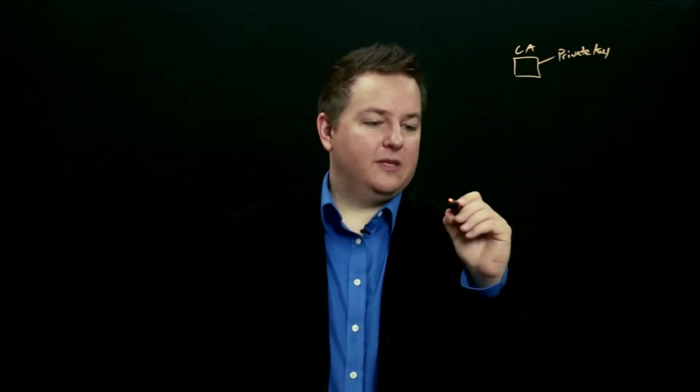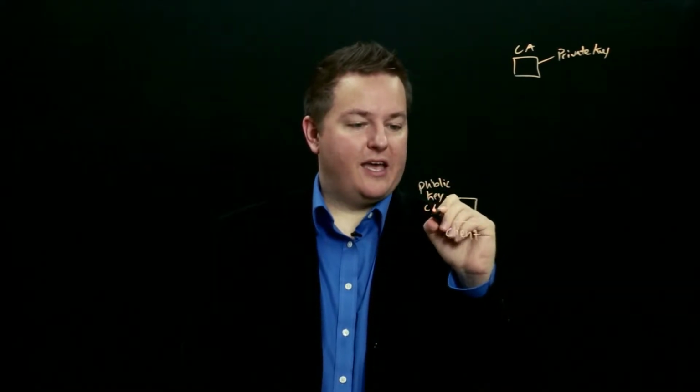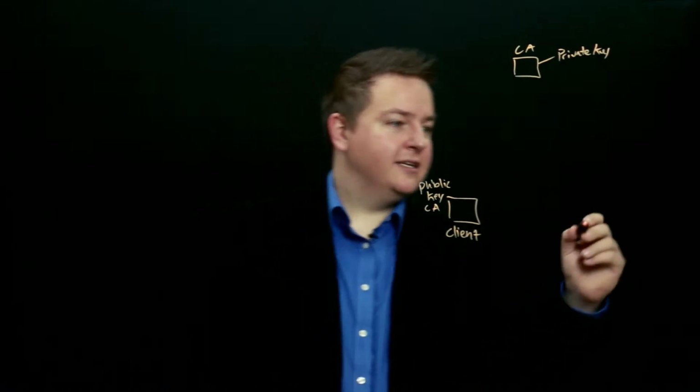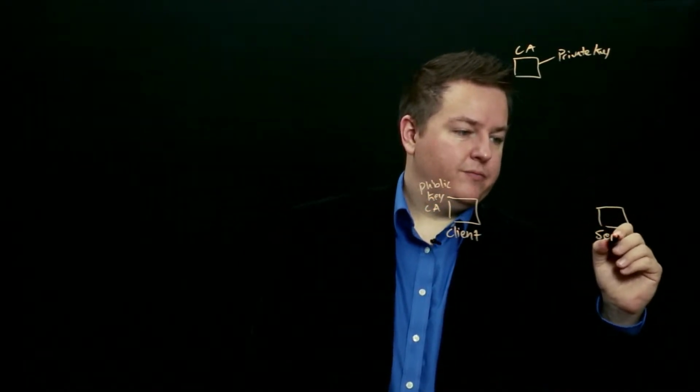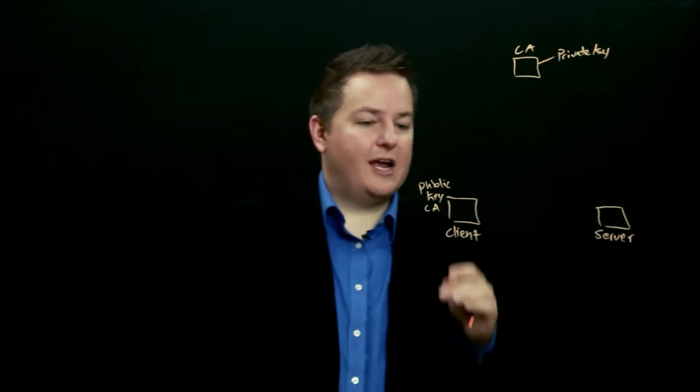Let's say that I am the client. I have pre-distributed the public key for the CA. And similarly, we have a server, and the server has the public key for the CA.